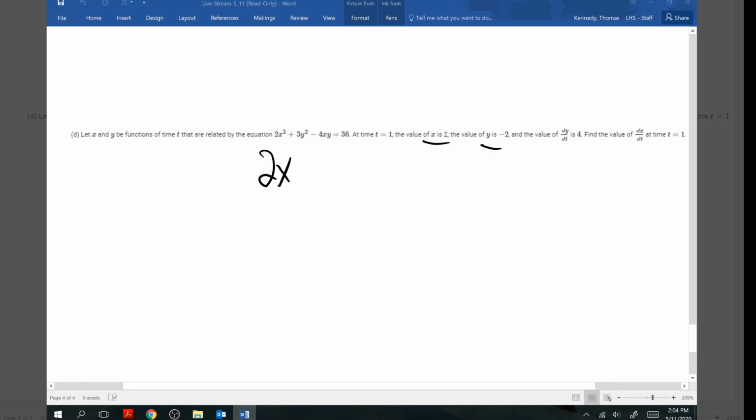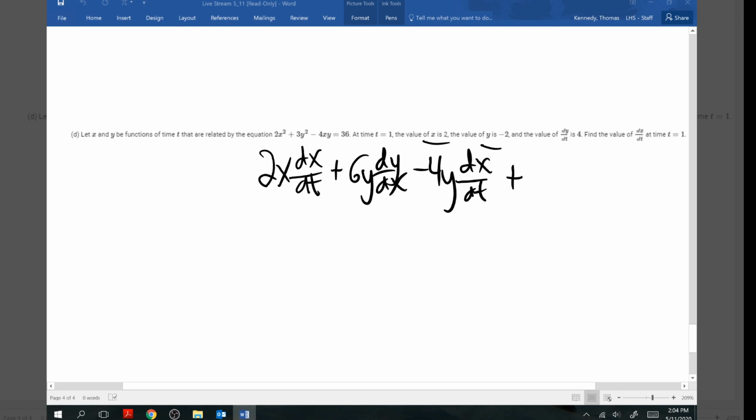If I take the derivative of this, I get 2x dx/dt plus 6y dy/dt minus 4y dx/dt minus 4x dy/dt equals 0, because the derivative of 36 is 0.